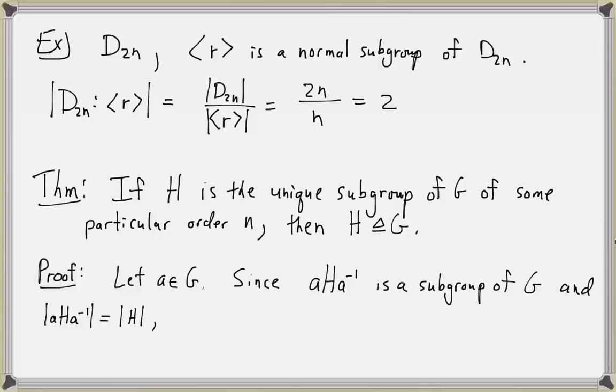So the conjugate A H A inverse is a subgroup, and it has the same size as the subgroup H. Therefore, these two subgroups must be equal. But again, this is one of our equivalent definitions of H being a normal subgroup of G.